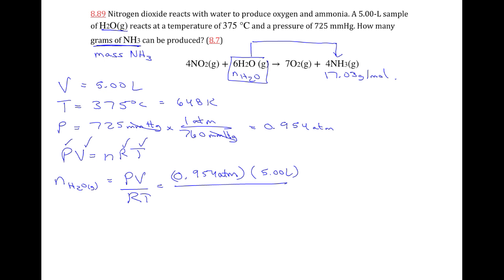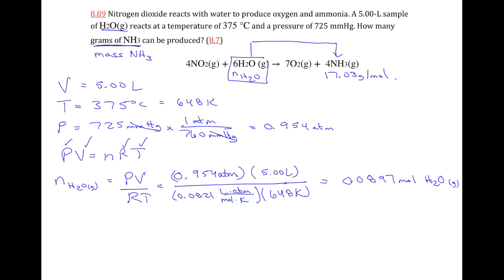The gas constant is 0.0821 liters atmospheres per mole K, multiplied by my temperature, which is 648 Kelvin. So when I put all that in my calculator, I ended up with 0.0897 moles of steam, so water gas, anyhow, H2O gas.